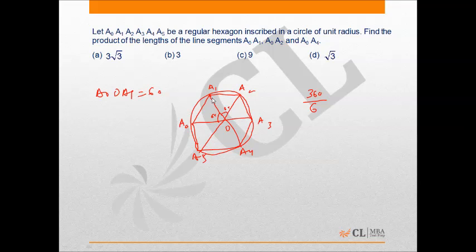And as A0O and A1O are equal, the angles at A0 as well as A1 will be 60 each.